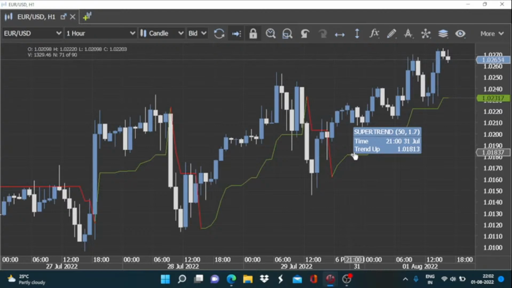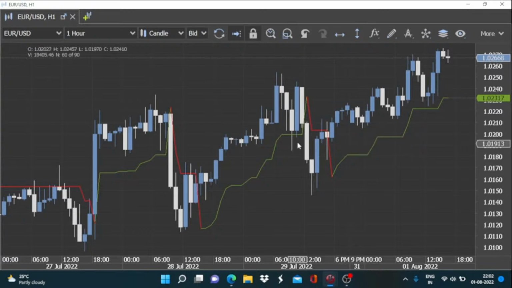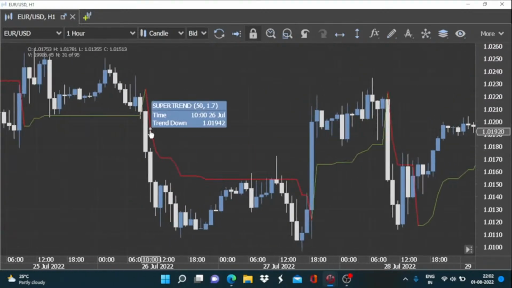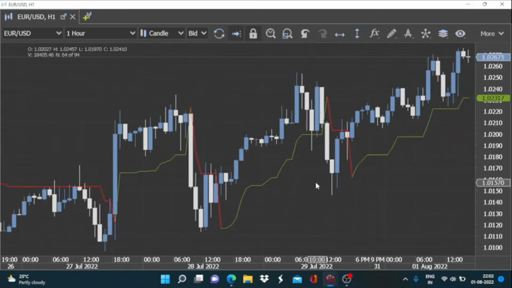Then we use the ATR with a multiplier of the chosen value. So we take the volatility into consideration and then we plot these upper band and lower band from these volatility and the average price. So we get this indicator where we can utilize these moves to be bearish or bullish.